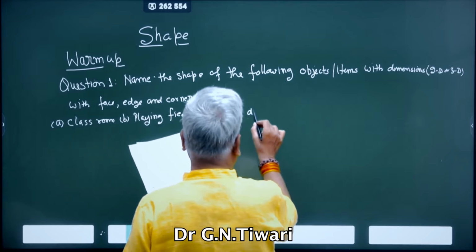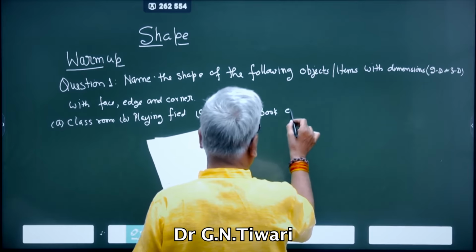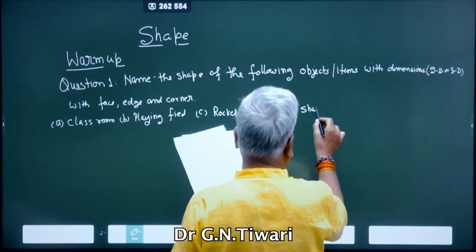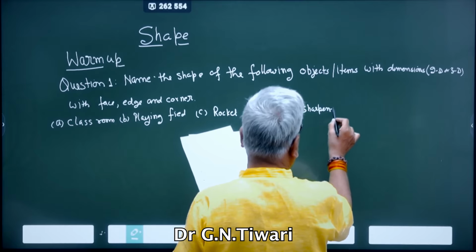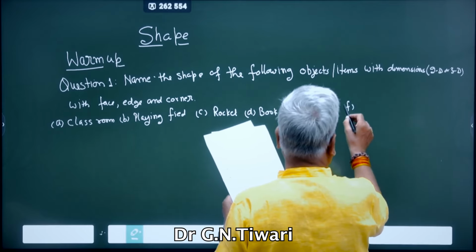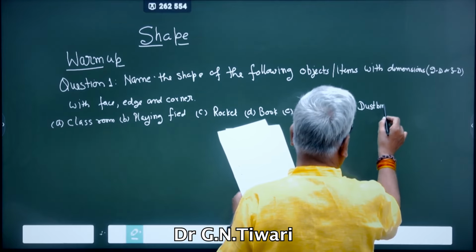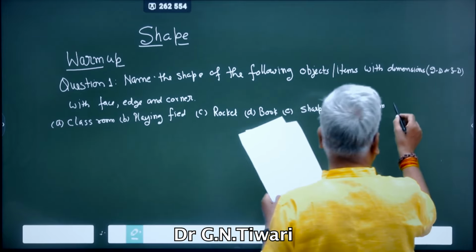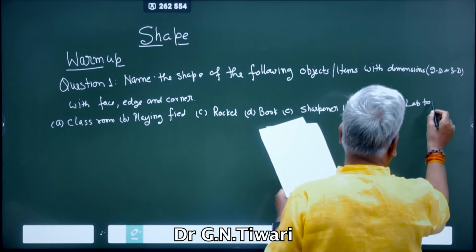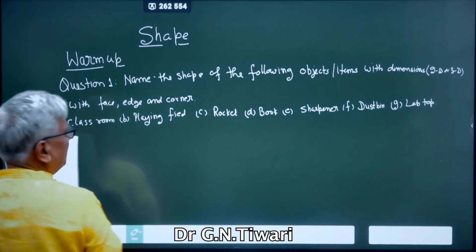D, book. E, sharpener. F, dustbin. And G, laptop. All these are available in the class. Laptop means computer.